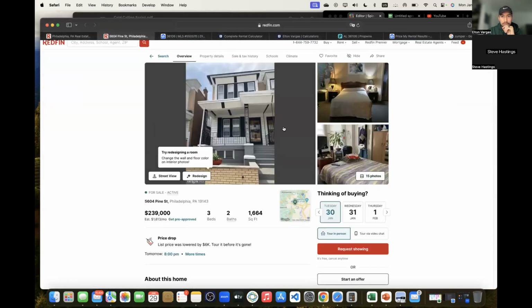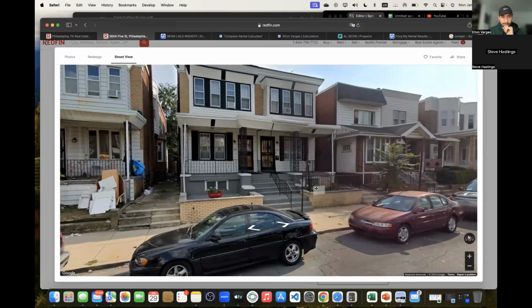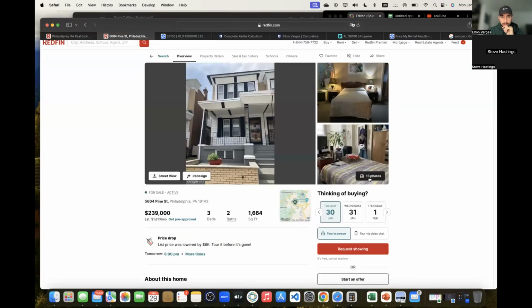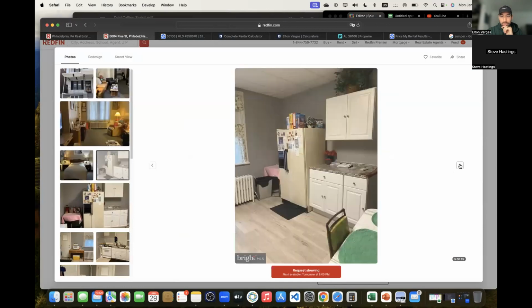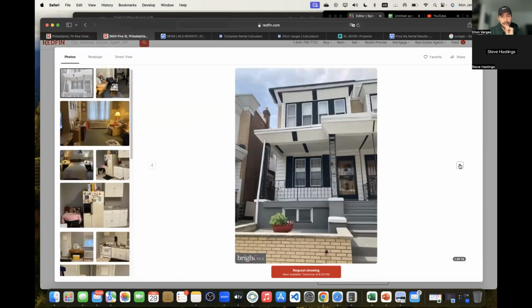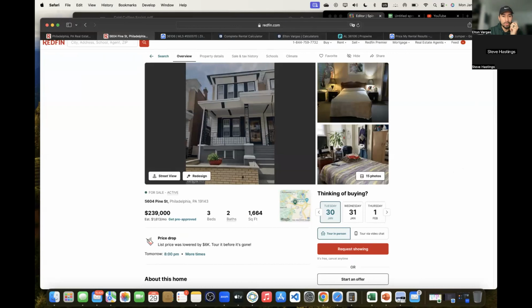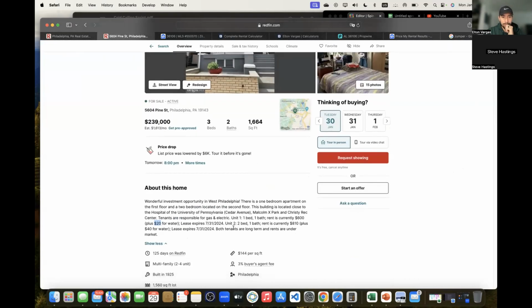Are there garages that I can charge for? There are no garages, no extra storage or anything like that that I can charge for, and the property is in really good shape. There's no other information on what else I can bring into it. Both tenants are long-term and below market. Yeah, I can definitely see that they're below market.